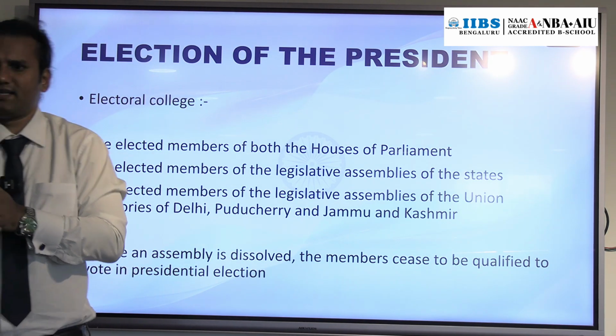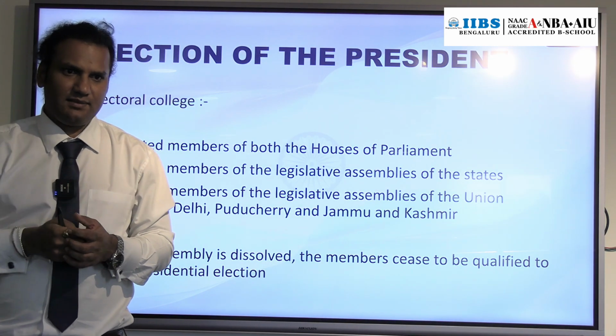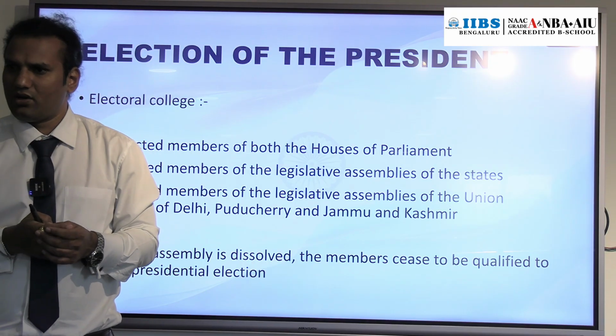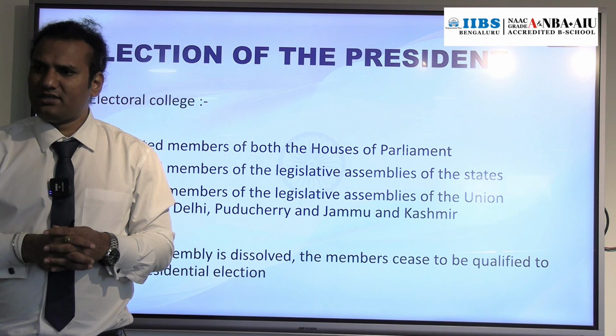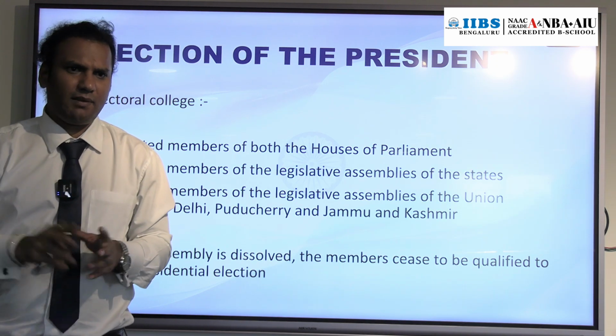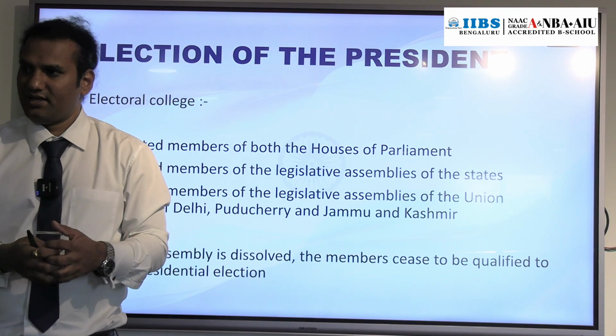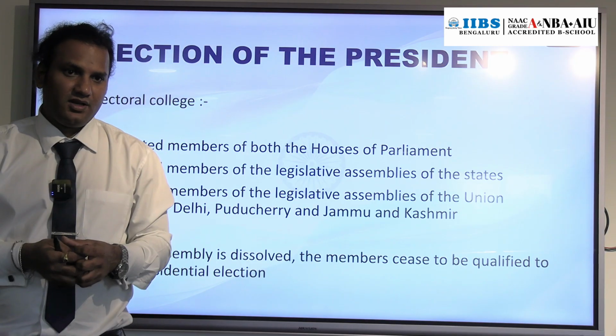Now there is a scenario. Take an example: if the President's election is going on at the central level, and at state level the assembly is dissolved and they are going for fresh elections, not by-elections.